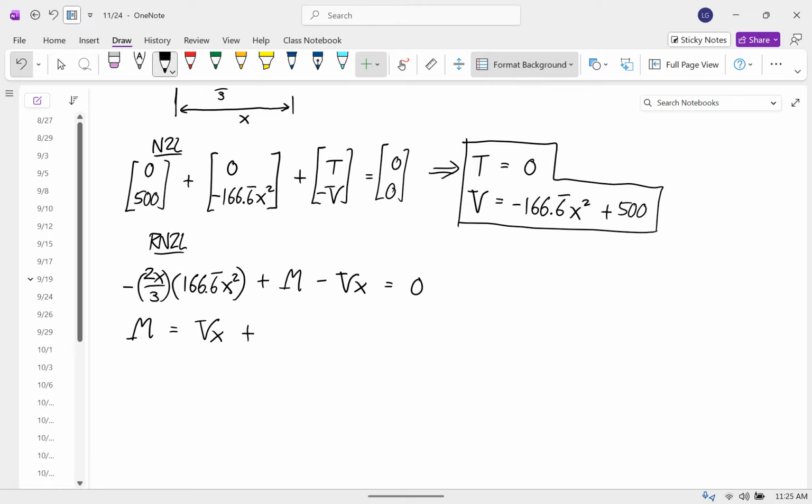plus, so 333 divided by 3, so this is 111.1 repeating x cubed. And now we're going to substitute in what we know v is. It's this function, and we have to multiply it by x. So m is equal to 166.6 repeating x cubed plus 500x plus 111.1 repeating x cubed.